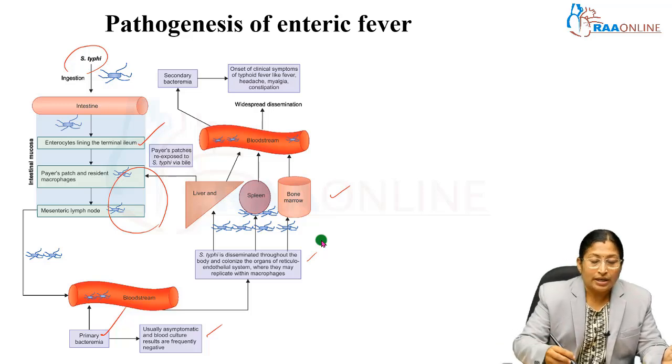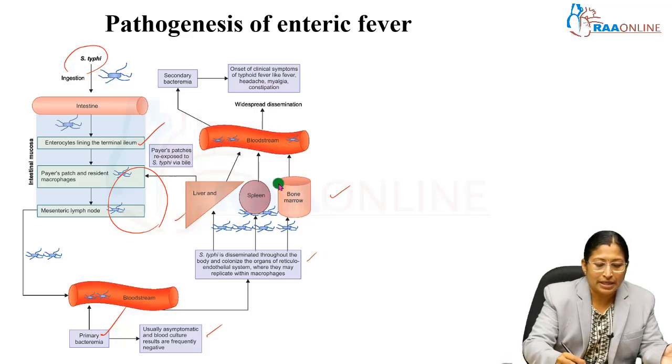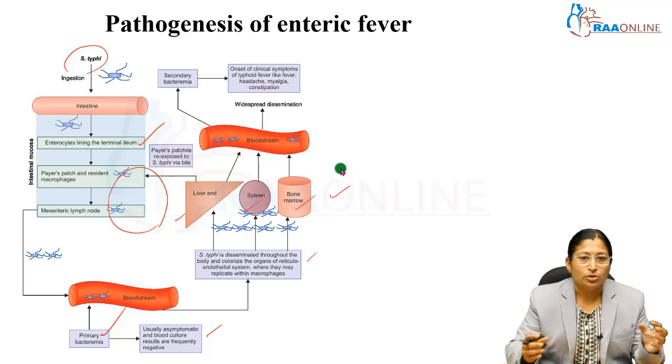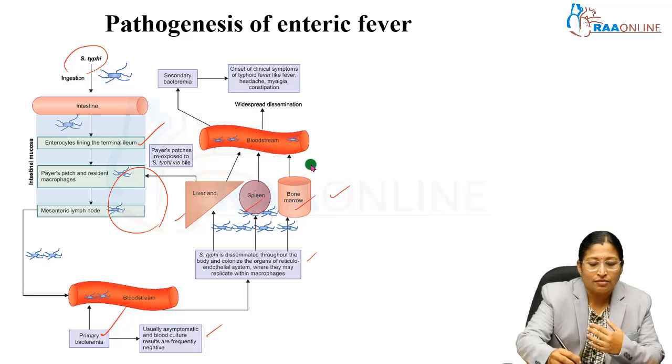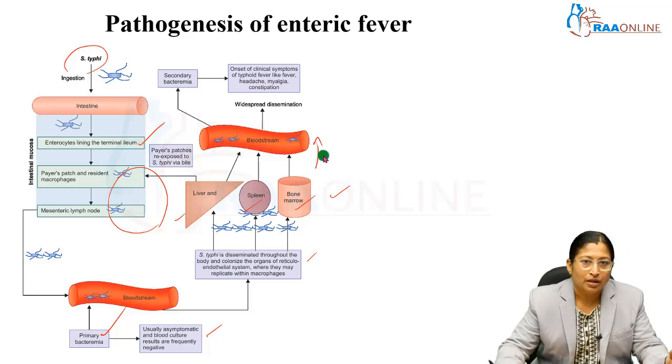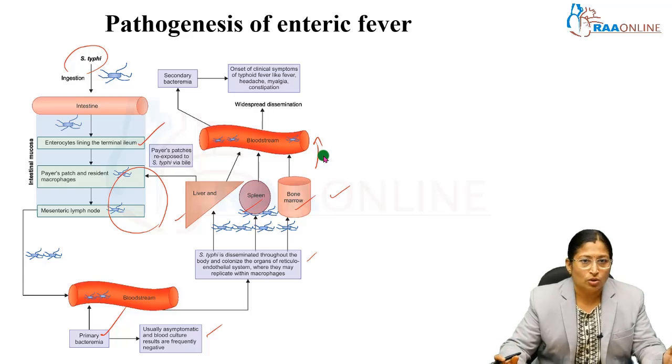The reticuloendothelial organs include predominantly liver, spleen and the bone marrow. So it happily multiplies within the macrophages of the liver, spleen and bone marrow, and from there you can have a secondary bacteremia. So that results in widespread dissemination involving other organs also.